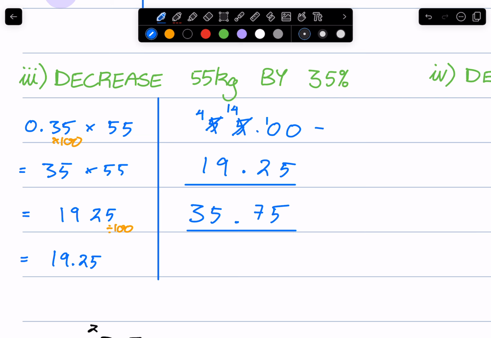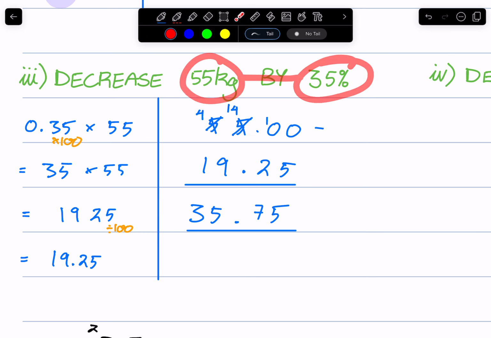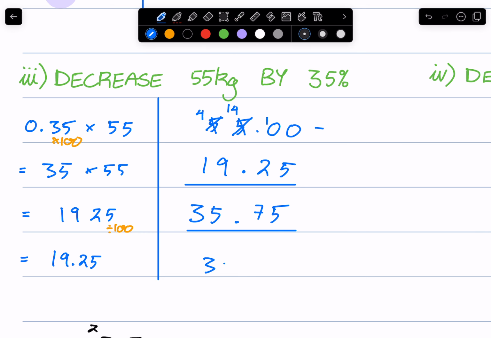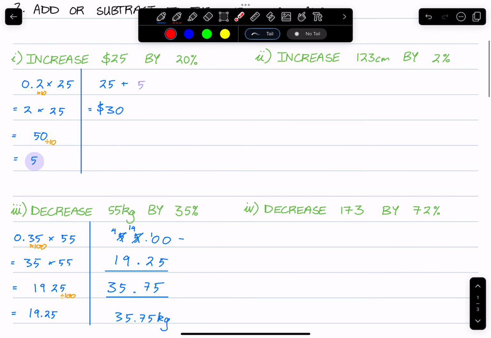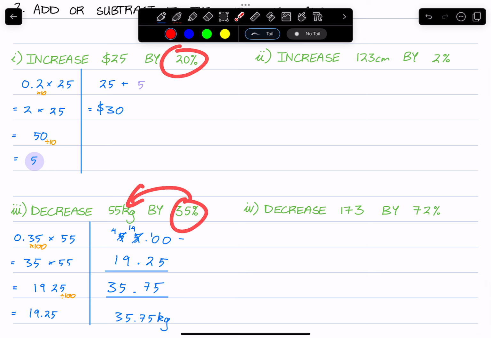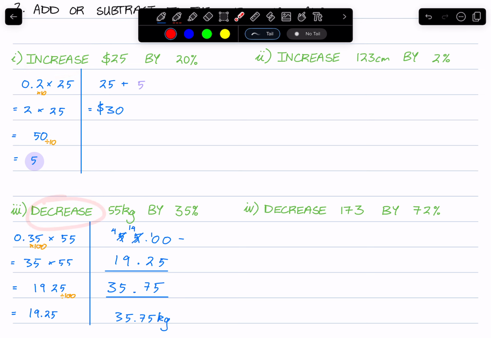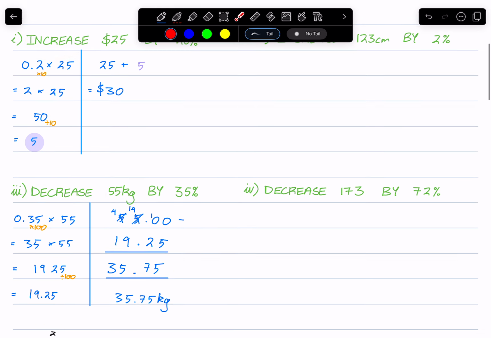So our final answer here, after the decrease, so 55 decreased by 35% is going to be 35.75 kilograms. That's all there really is to it. It's the same procedure of finding the percentage of the amount and then adding it if it is increasing and subtracting it if it is decreasing.